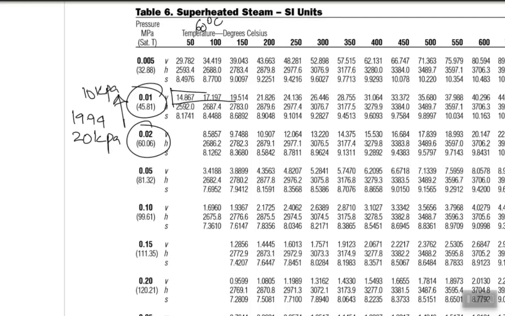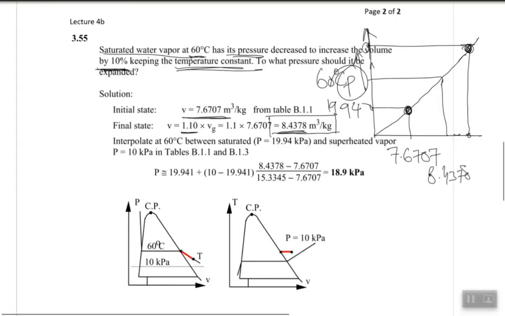Let's assume for a while that we have a temperature of 60 degrees centigrade. Why I'm saying let's assume for a while, I will explain a little bit later. So at 10 kilopascal, I should have a volume which is somewhere here, which is 15.3345.